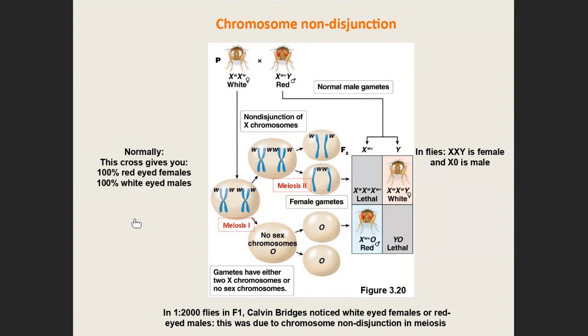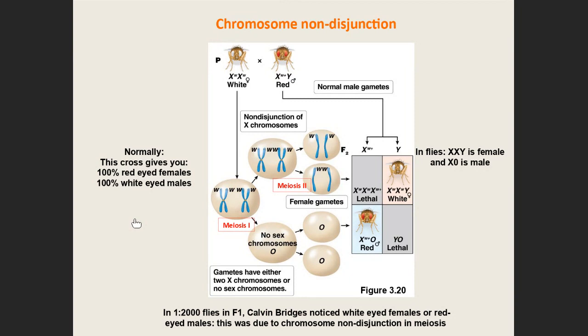And these mistakes in meiosis are very rare events that result from chromosome missegregation. And this chromosome missegregation can occur during meiosis 1 or during meiosis 2. In that particular case, we have a mistake.